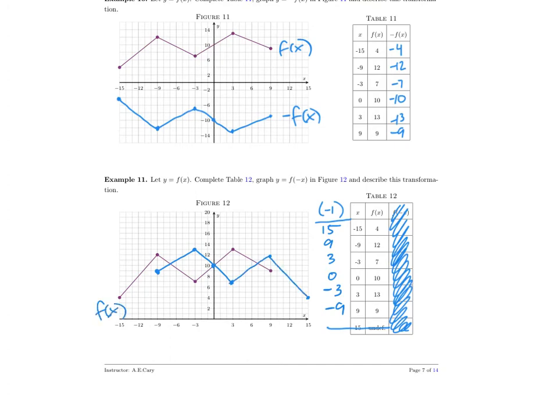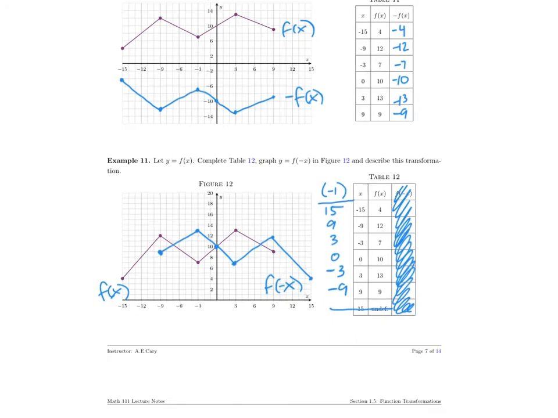So the purple one is our original f of x, and the new one is f of negative x. So this is an example with a very generic graph, doesn't have a specific function, of each of the transformations that we can be dealing with. So what are we going to do from here? Well, let's take a look at if we put all of them together.